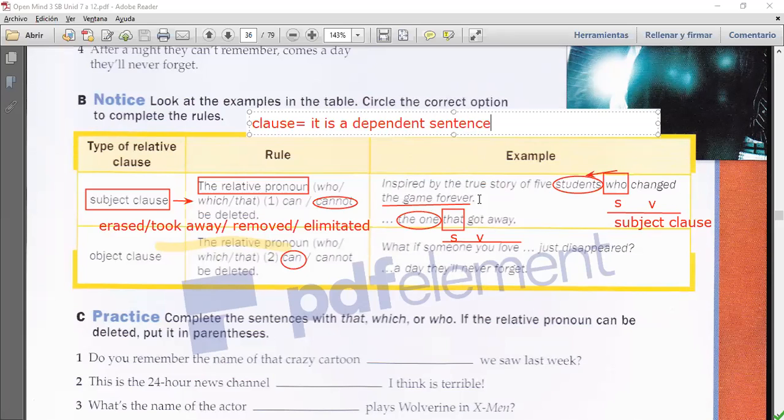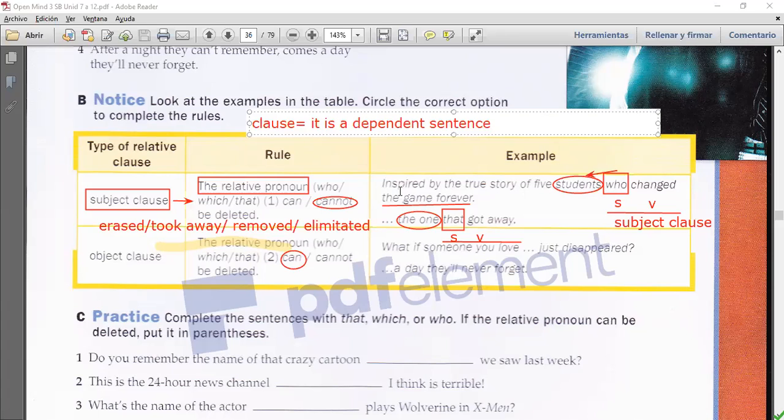Who changed the game forever? That got away. It is a dependent. It's not independent. It's a dependent sentence that needs the main sentence. The main sentence is inspired by the true story of 5 students.